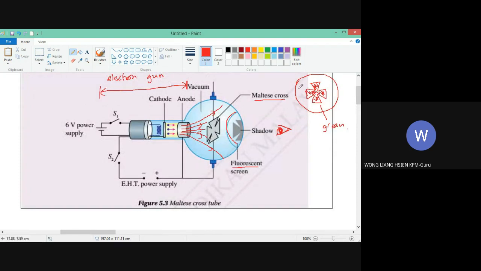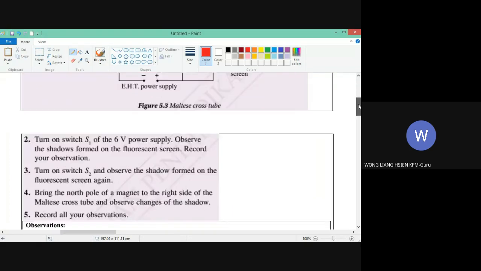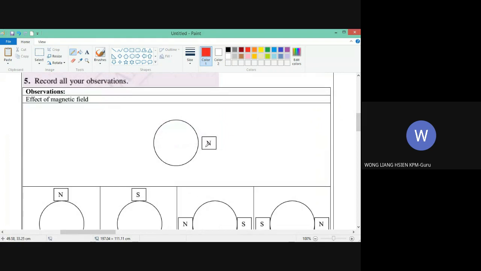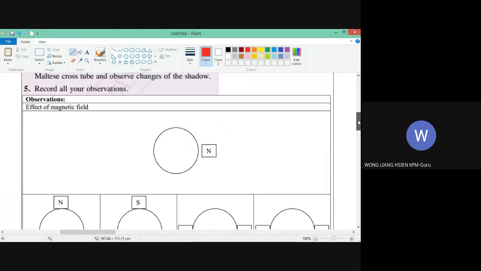Understand? What we do first is we put a magnet with the north pole here. When we put the magnet north pole here, what will happen? The electron beam will bend. It will be deflected.